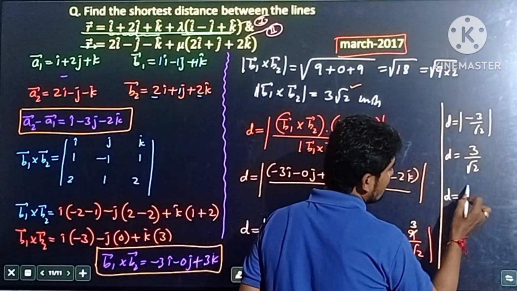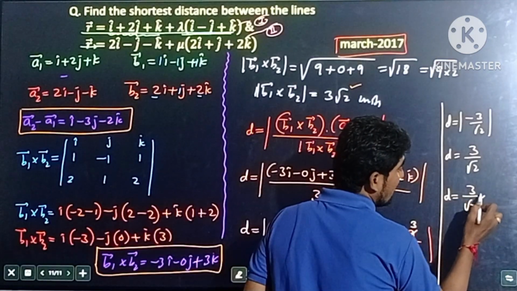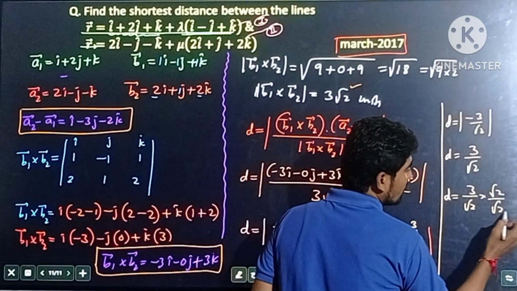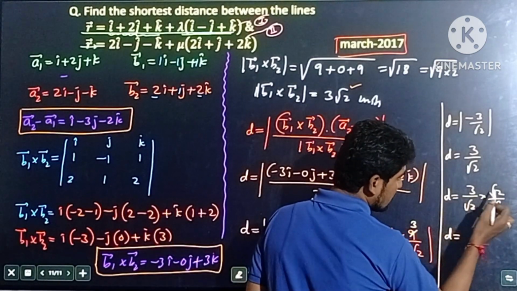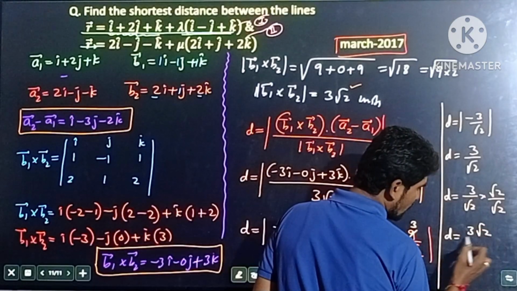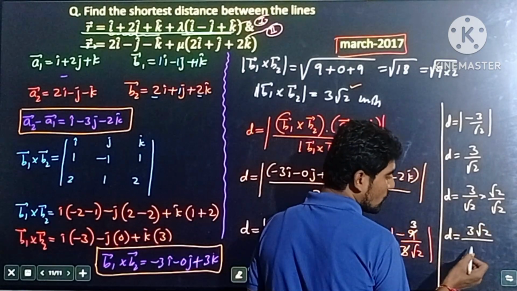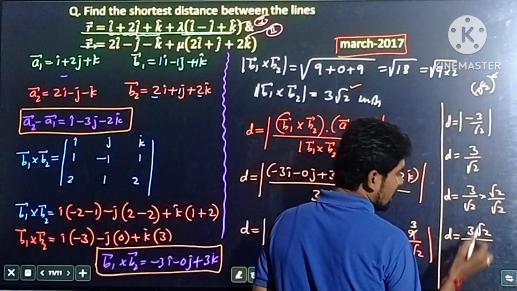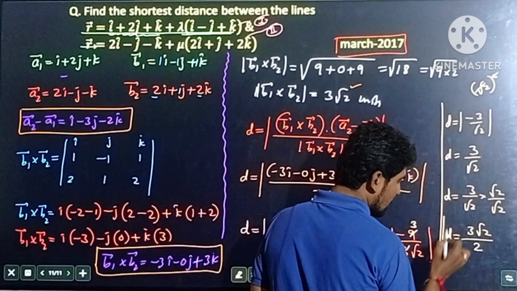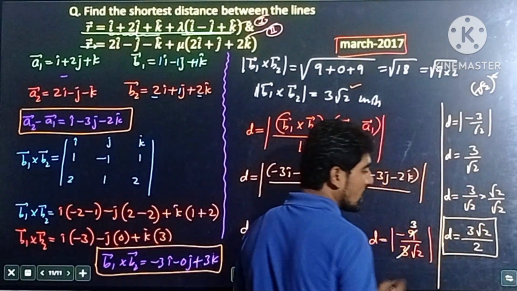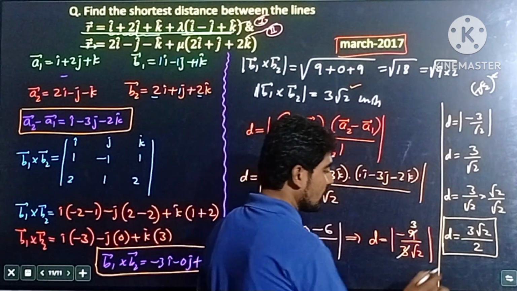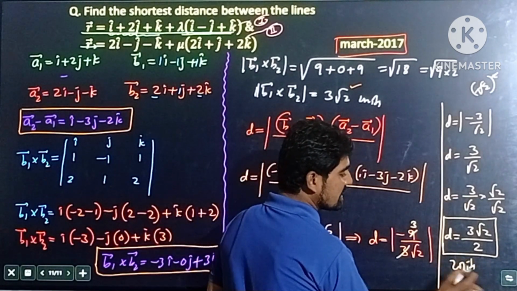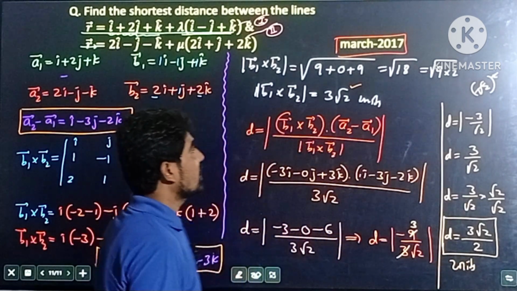So d is equal to 3 by root 2 into root 2 by root 2. D equals 3 root 2 divided by root 2 into root 2, which is root 2 squared, and the square root cancels to give 2. So the required distance between the two lines is 3 root 2 divided by 2 units. That is the answer. I hope all of you understood.